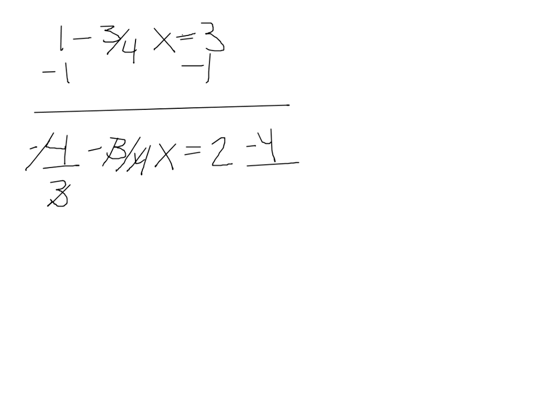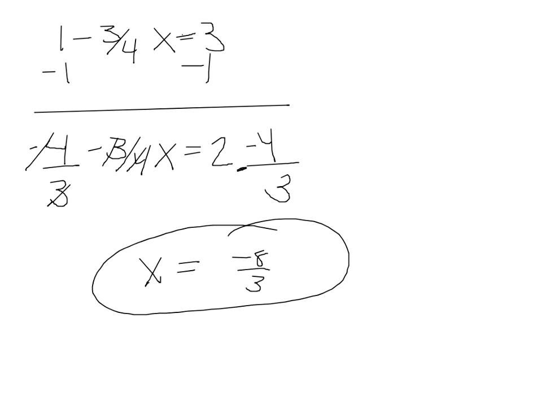So if I do it to one side, I have to do it to the other. When I multiply by minus 4/3, I have essentially solved for x. So I get minus 8/3 as my value for x that solves the linear equation.